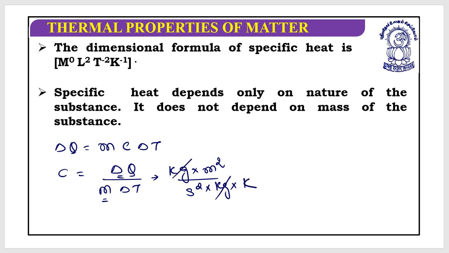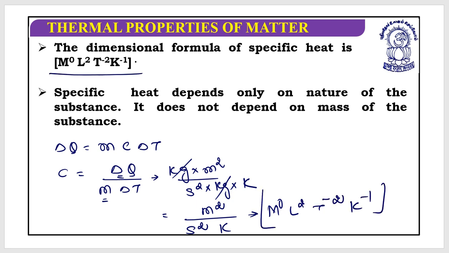So the kg has gone, and I am left with meter square divided by second square into Kelvin. I should write this as M0 L2 T minus 2 K to the power minus 1.